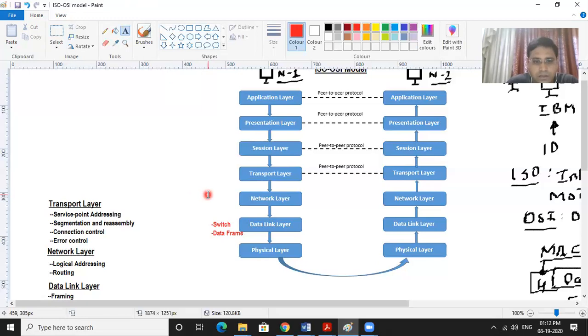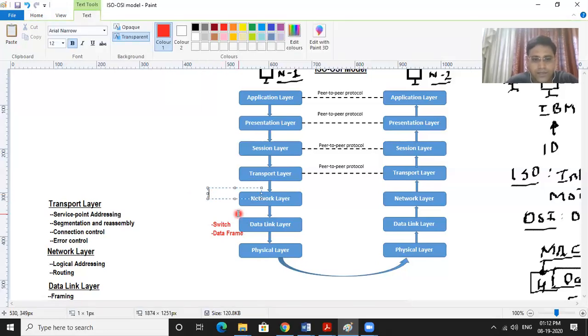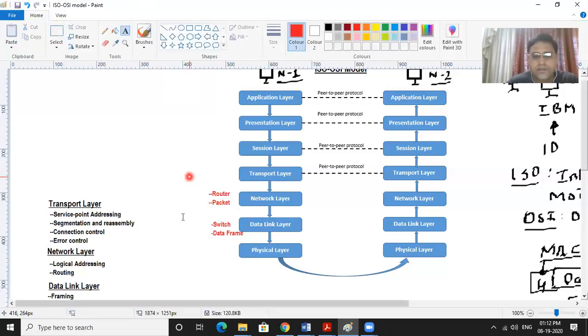So at this layer we need a router, and the data is in the form of data packets. Now it is termed as a packet. Can you see the difference? Here it is called data frame and it is a data packet here. Switch was used at data link layer if we are going to transmit data within the network, and if we are sending data outside the network, then router will be used.